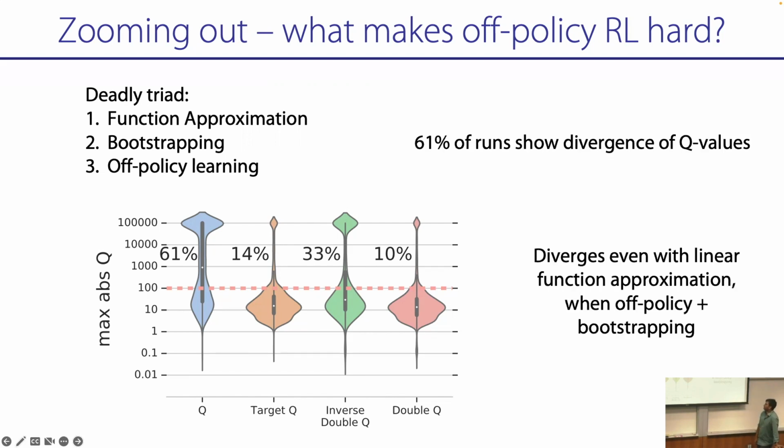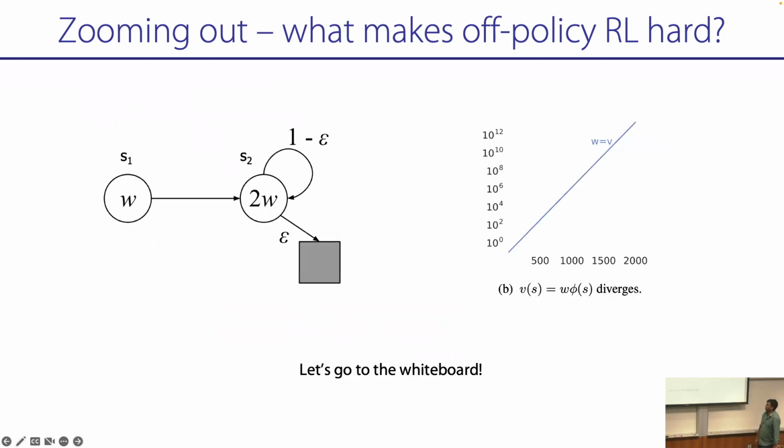Right. And so when you have this combination of function approximation, off-policy learning and bootstrapping, it gets kind of hairy. I found this example to be super compelling. I think this is from an old paper from Bertsekas and Tsitsiklis, where they show that even in the linear function approximation case, no neural net, no nothing, right? Your approximator is linear, and you just run Q-learning on it or anything like that, you get divergence, right?